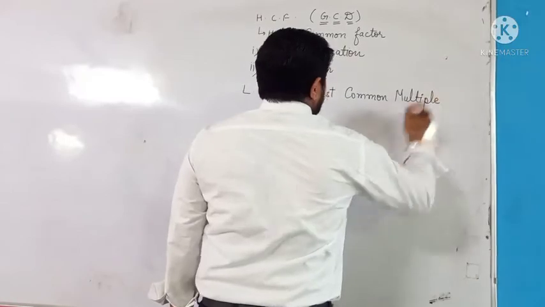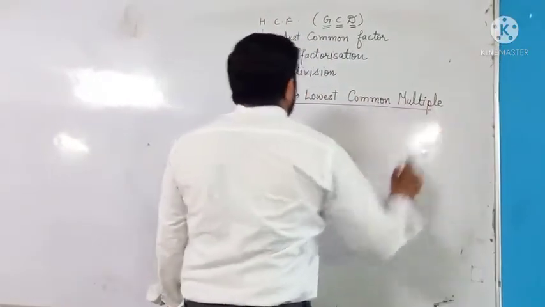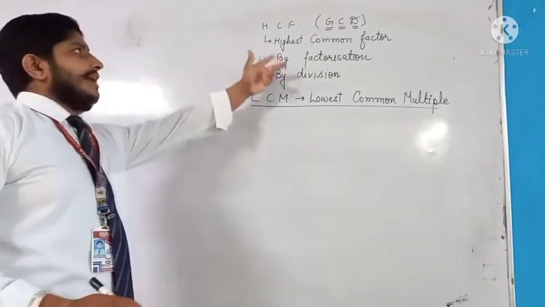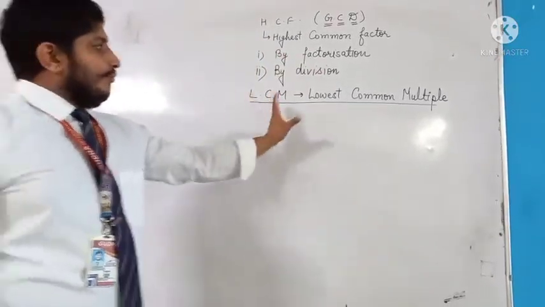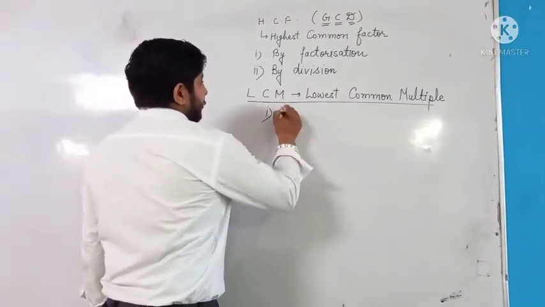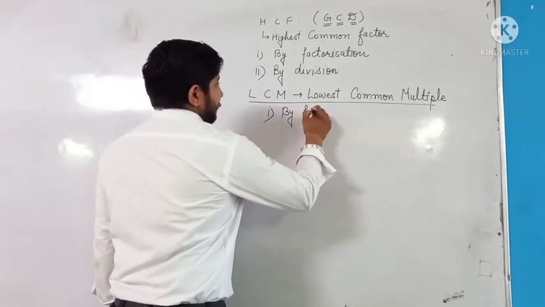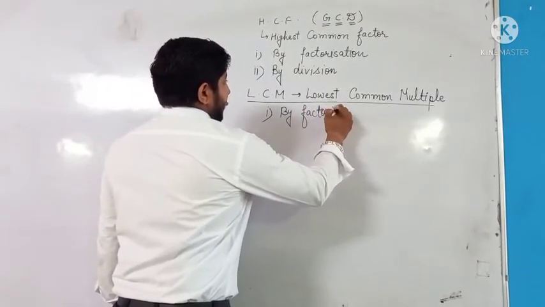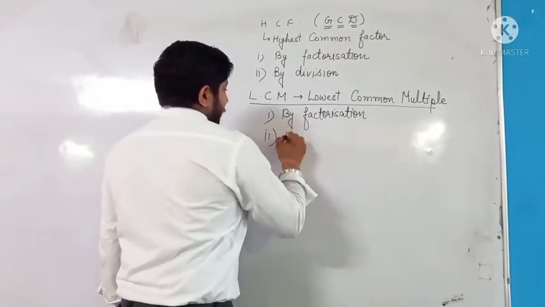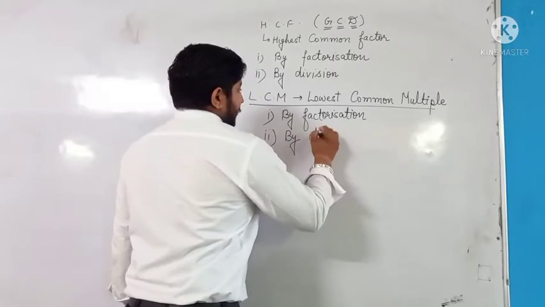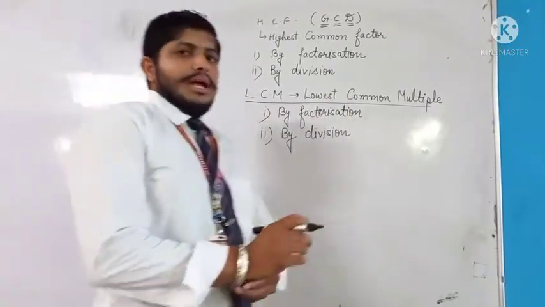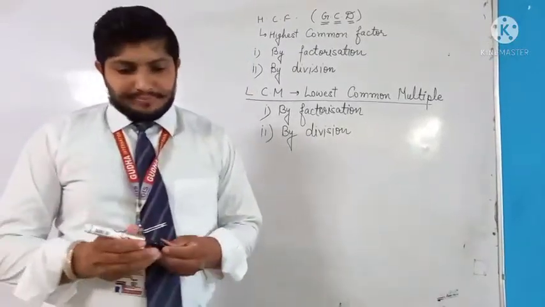So I hope you understand the full form of HCF, GCD, and by which methods we find the HCF, and the full form of LCM, lowest common multiple. Again there are two methods, the same methods, by factorization and by division method, by which we also find the LCM. In this video we discuss both these things. I hope you understand this well.